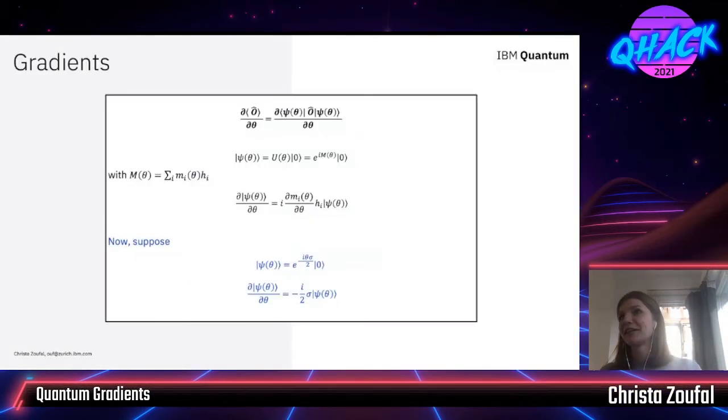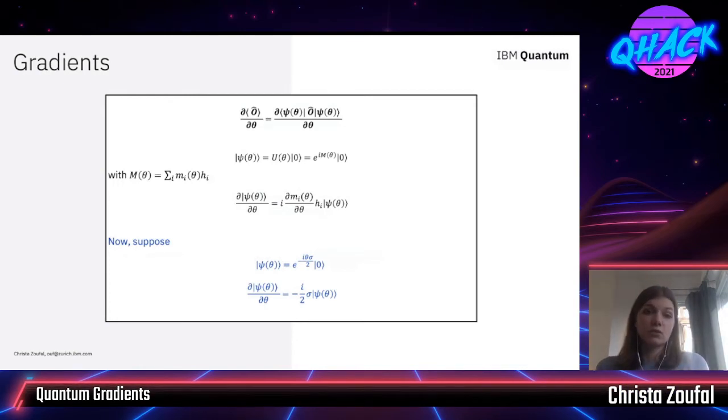Good. Now we're ready to talk about gradients. The gradient types that I consider here are gradients of what can be written as an expectation value with respect to a Hermitian observable.